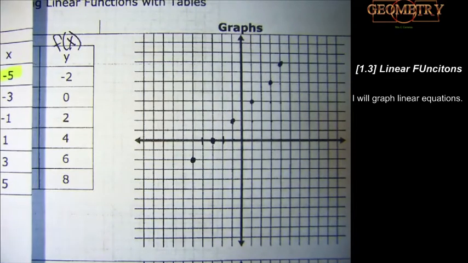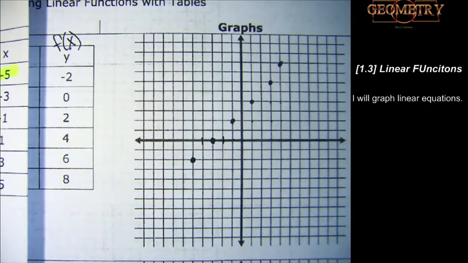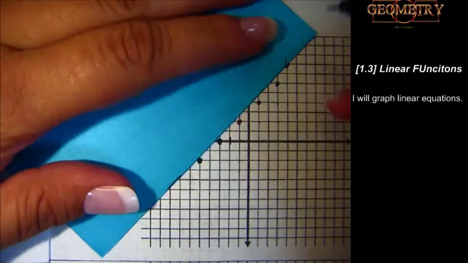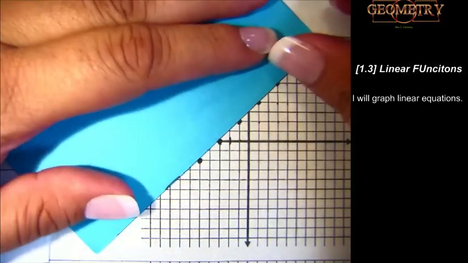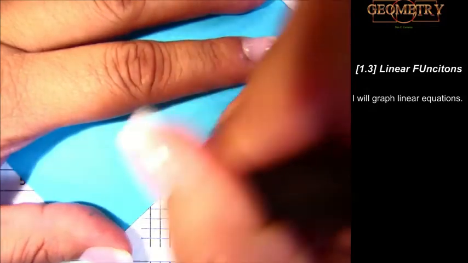We appreciate the fact that I have a random sheet of paper that I can use as a straight edge. You're welcome to use the daily work extra page that I gave you if you don't have a straight edge. I'm going to use that straight edge to draw the line, and then we can see how terrible I am at plotting points.